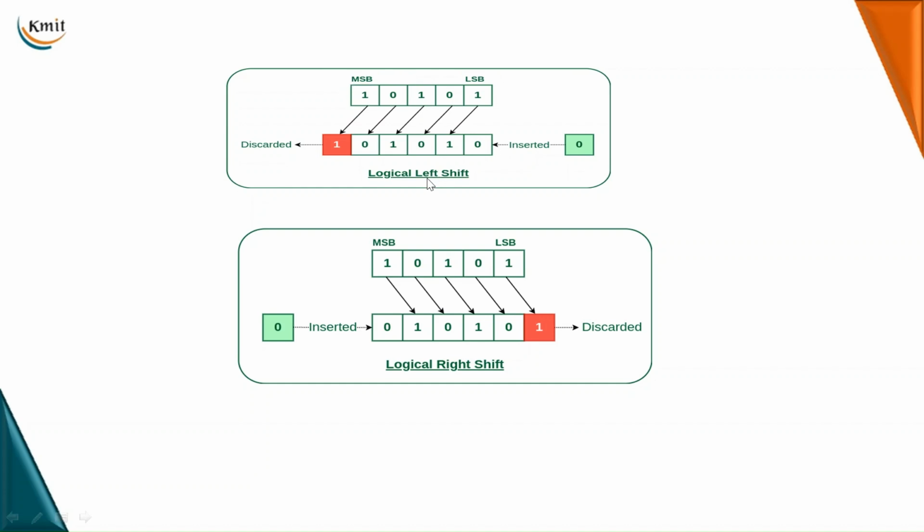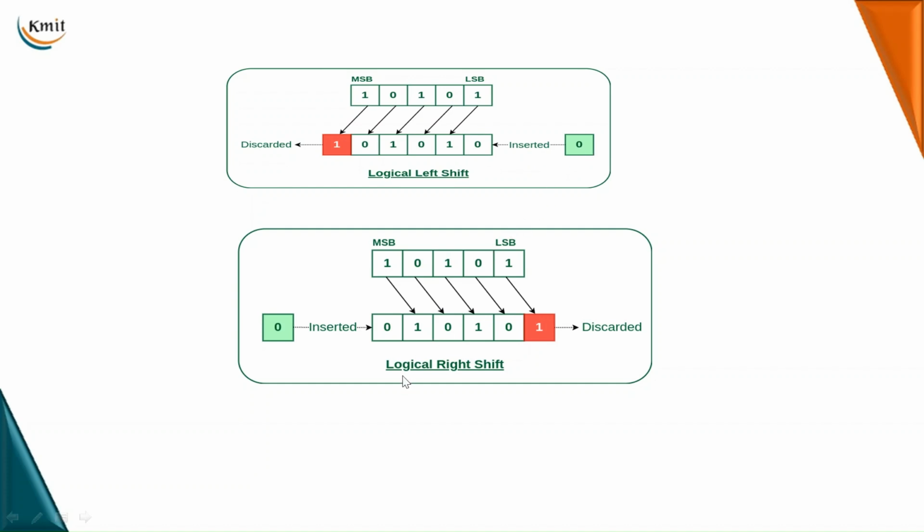In a logical left shift operation, the contents of the register are shifted towards the left. From this end, the contents will be shifted towards the left: 1 will come here, 0 will come here, 1 will come here, 0 will come here. The MSB bit will be rejected, and the empty LSB bit will be filled with a 0, which is a serial input.